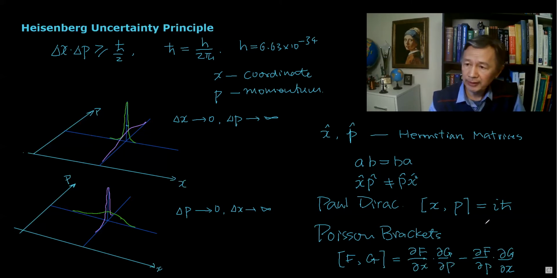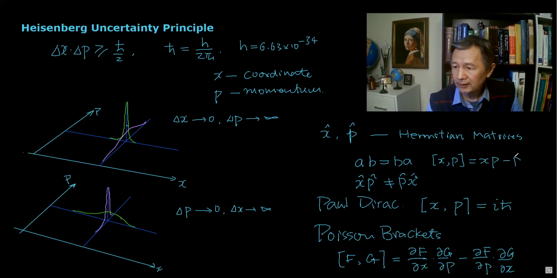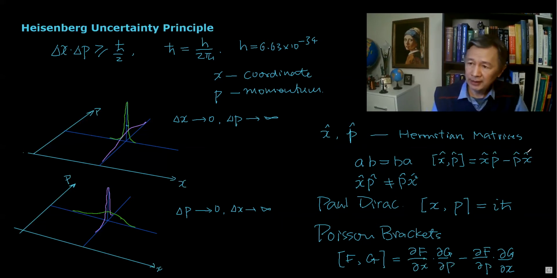But Paul Dirac realized that we still use this notation and form, and what this Dirac bracket means is that whenever you see this notation, [x, p], it means xp minus px. In this case, both x and p are operators, not just continuous variables with a single value, but in general must be written in matrix form.